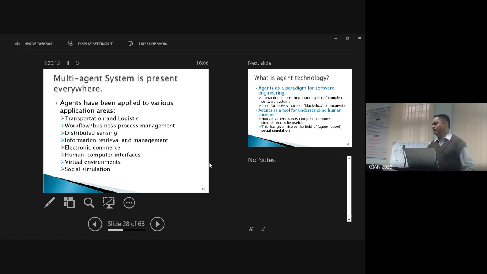And after 12th, if you get admission in NIT, IIT, all tuition fees and hostel fees will be borne by the government.